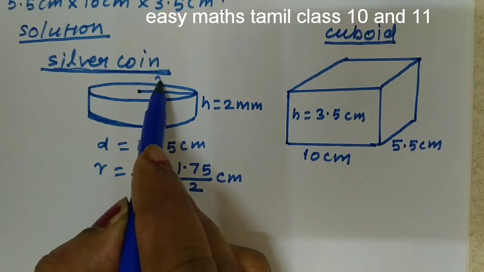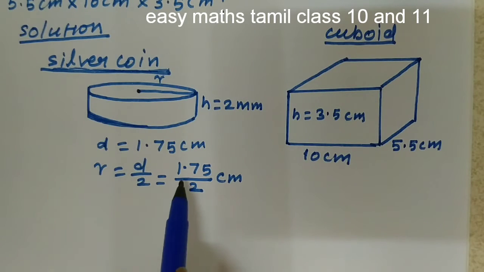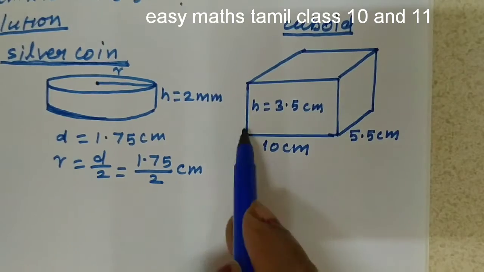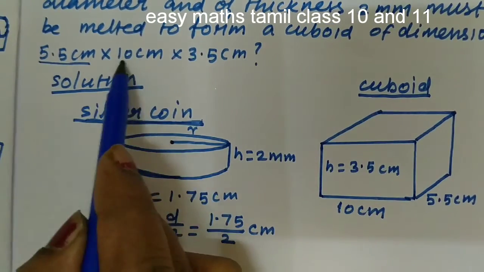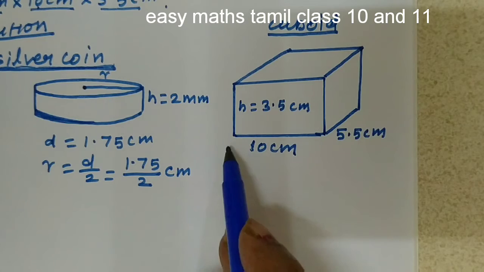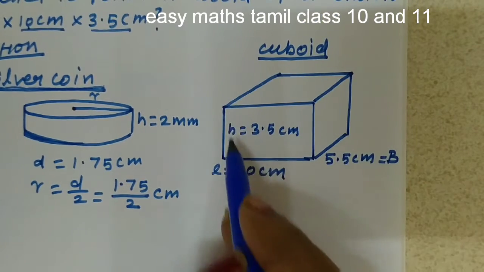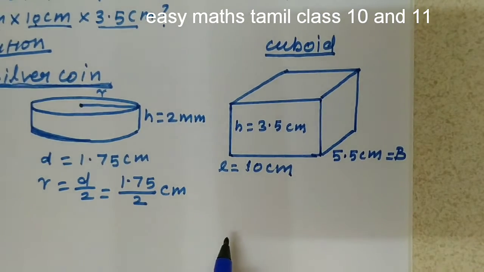The radius of the cylinder is diameter divided by 2, 1.75 divided by 2 centimeters, and the cuboid dimensions are 10 centimeter length, 5.5 centimeter breadth and 3.5 centimeter height.